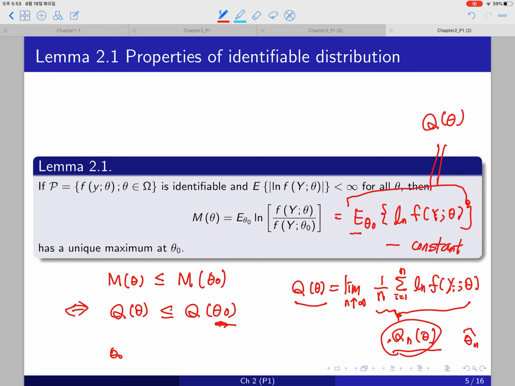But the main idea is that this lemma shows that for an identifiable distribution, the important condition guarantees that Q takes its maximum at the true parameter, and it is unique. Okay.